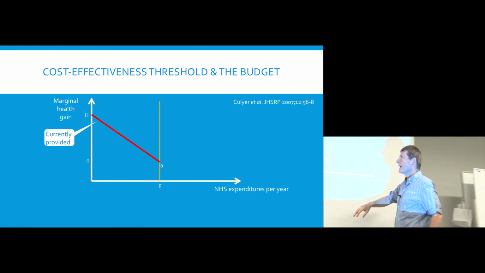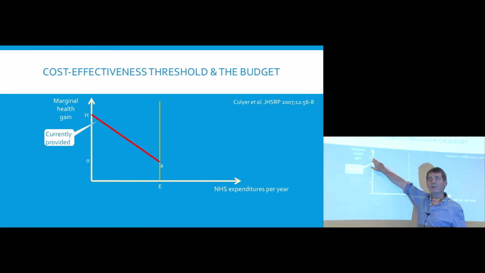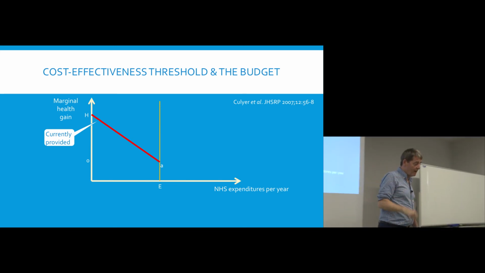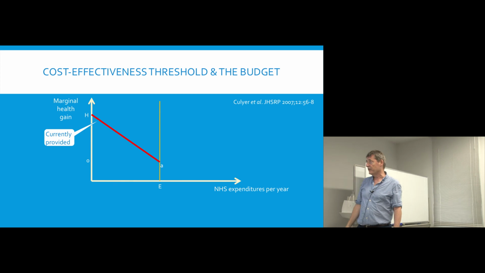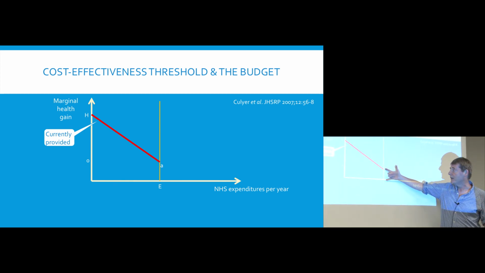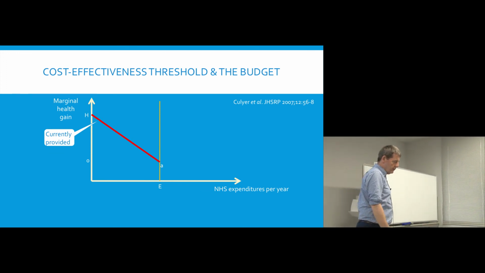And we're ordering the activities so that we've got the activities that produce the highest marginal health gain up here and the lowest down here. Now, in this example, I'm being quite kind to the health system and saying that even the worst thing we're doing to patients, even the worst activity, is still producing a positive benefit. EA. Okay, so that's everything we're currently doing.